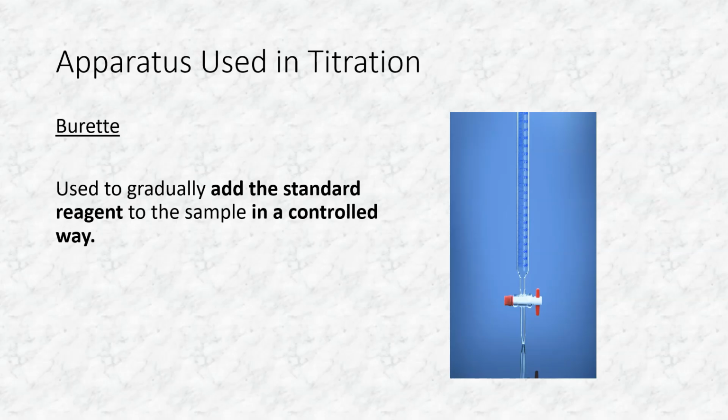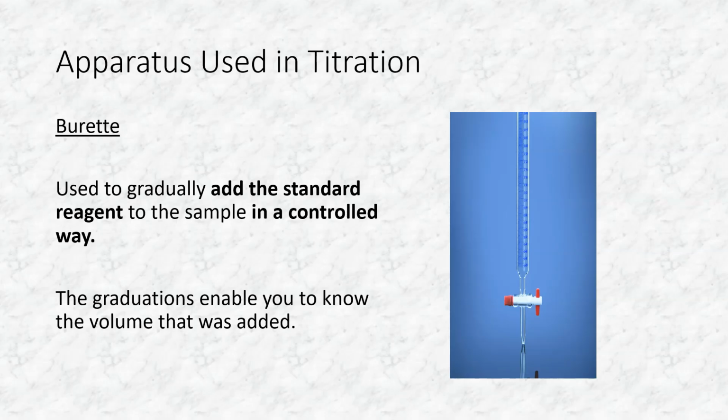A burette is also volumetric glassware. It's a tube that has volumetric graduations marked up the length of the tube. At the lower end there is a stopcock, and then the tube continues to reach a point at the bottom. The stopcock is what you will turn to open and close the valve, if you will, to allow the titrant out at a rate that you are controlling, and to stop it when you've reached the endpoint.